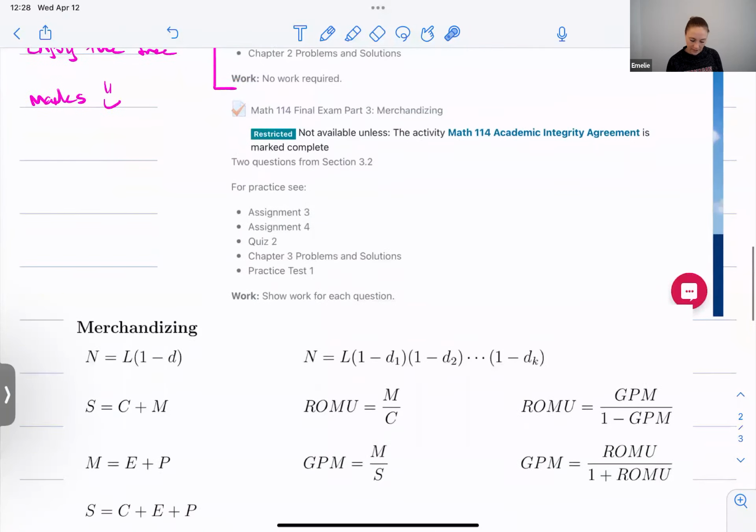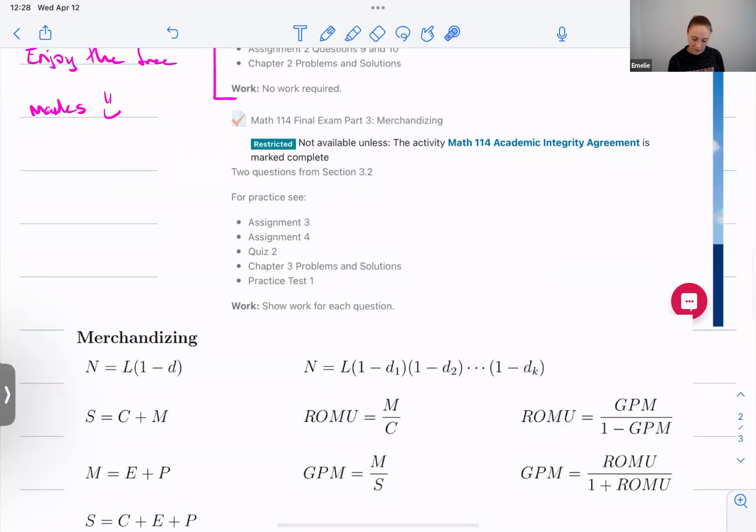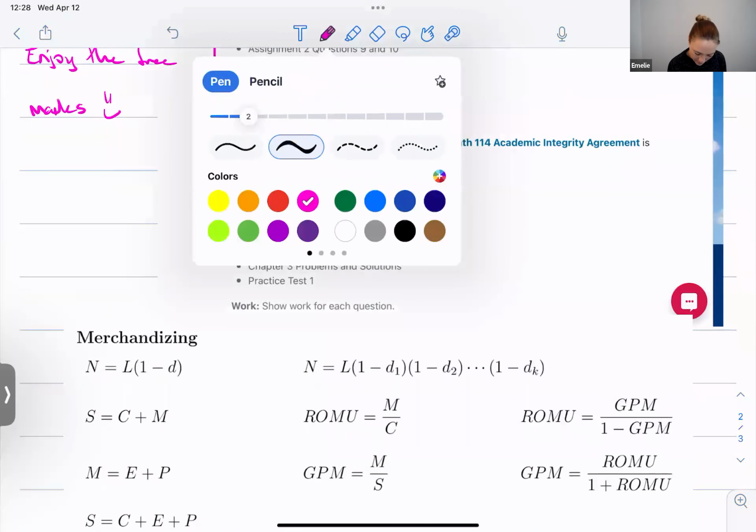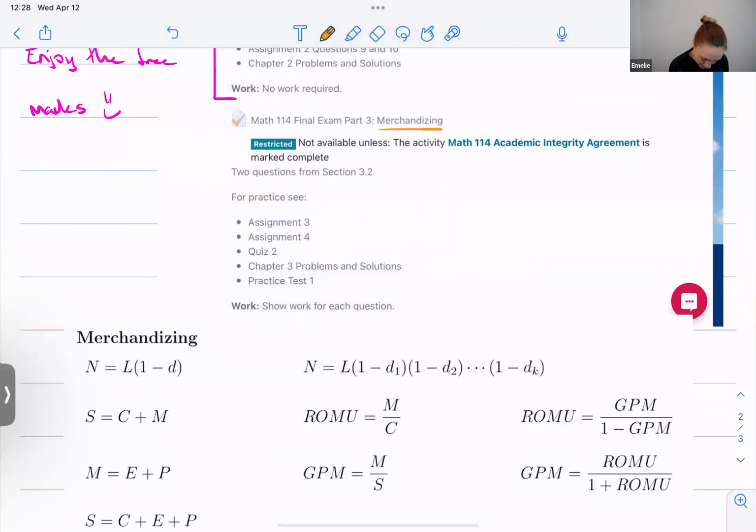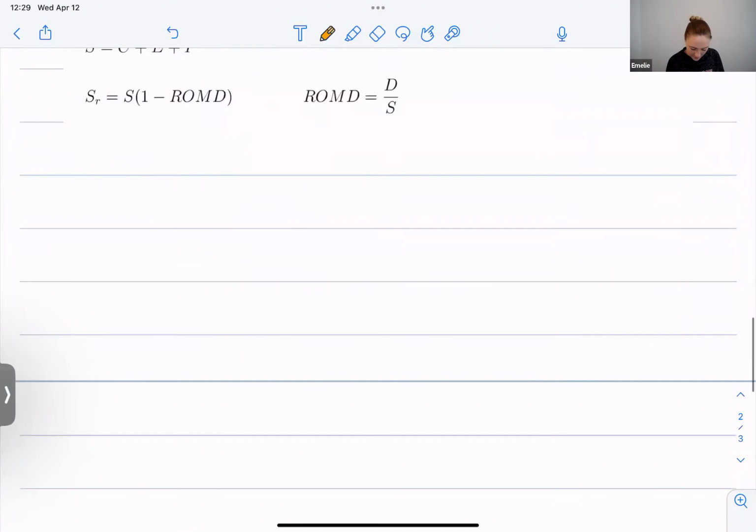But here is the merchandising. For that part, you're limited to that section of the formula sheet. So that's kind of nice to know. Do you like those questions? Are you ready for those questions? Choose your own adventure. All right.